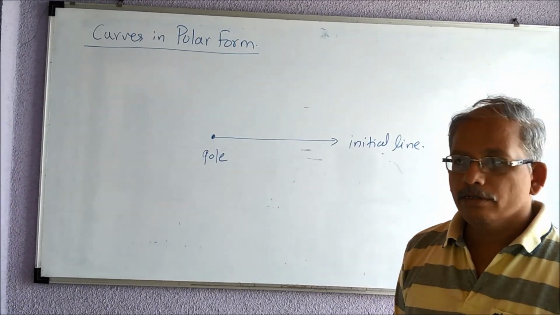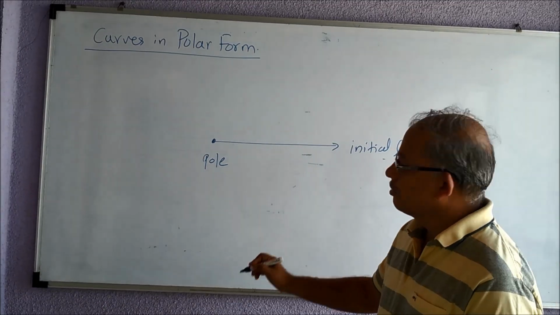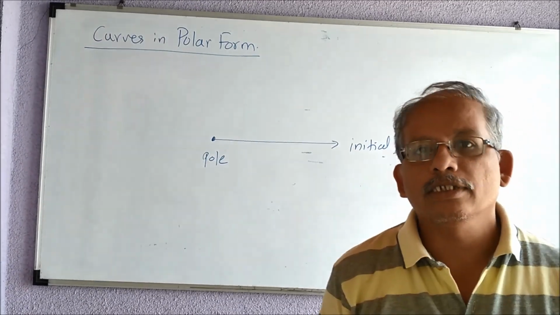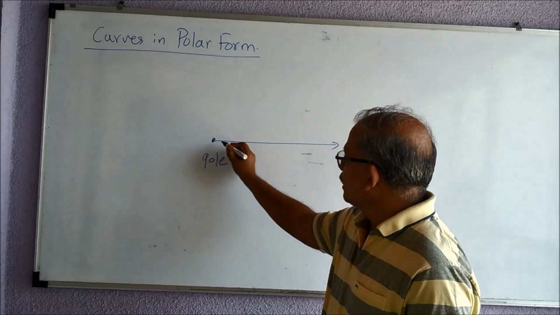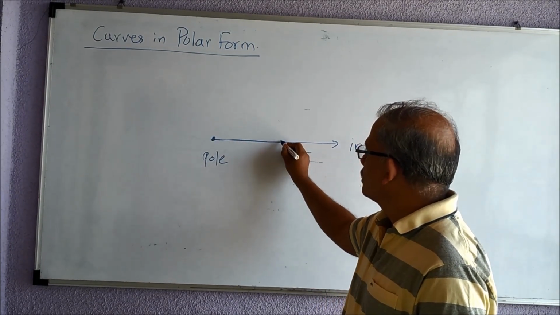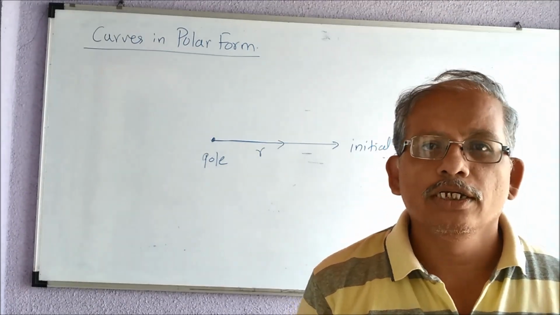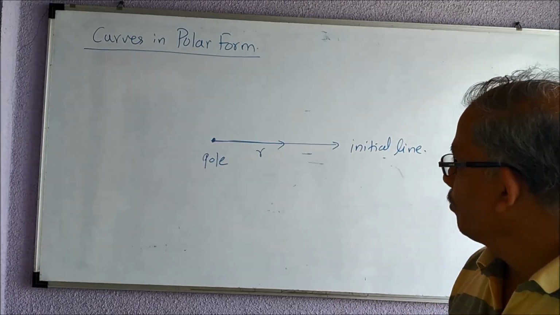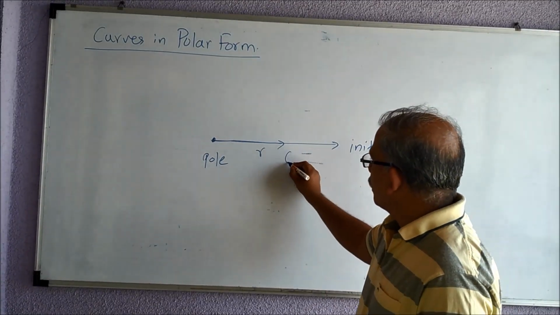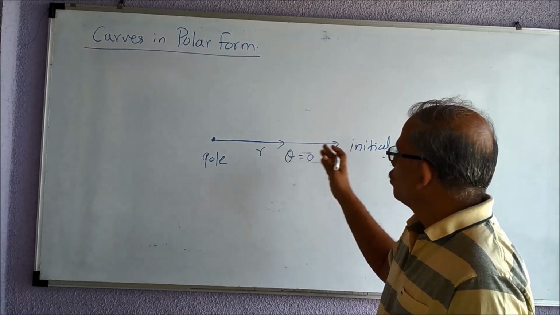And let us take a radius vector, that is r. Initially that r is coinciding with the line, so it is making the angle theta equal to 0 with the initial line.